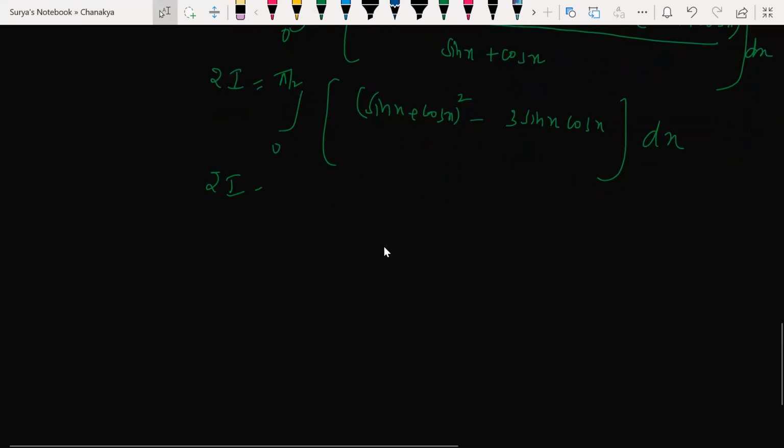Okay. 2I is equal to integral 0 to pi by 2, a square plus b square: sin square x plus cos square x will be 1 plus 2 times sin x cos x minus 3 times sin x cos x.